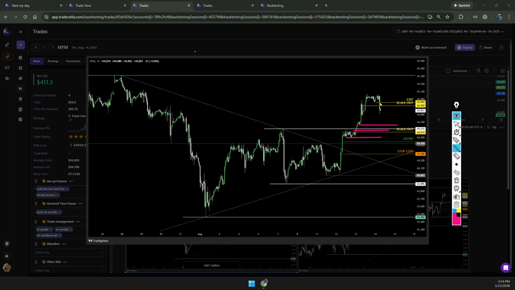I got exited here because I had this candle right here, which was another good one. It cleared the body, cleared the wick. It's a strong candle. I moved my stop to just below the bottom of that candle and got out there. That was a $400 trade on MYM. That's a pretty good move for MYM.